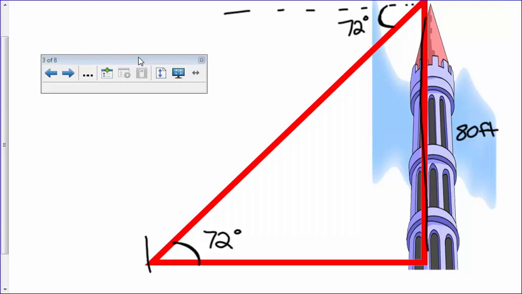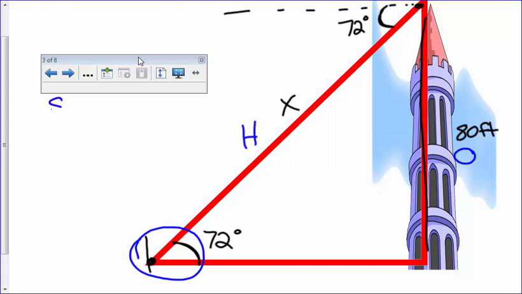It says, how far is the stake from the top of the tower? So I want to go from this point right here where my stake is to the top of the tower. So we're looking for my hypotenuse. Now everything's going to be based off of my 72 degrees that's in the triangle. That would make 80 my opposite side.